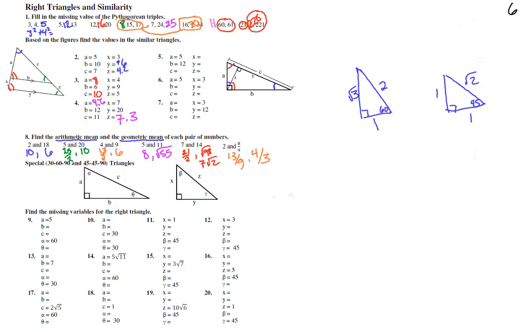So number 9, we have the triangle where alpha is 60. So if we do this guy right up here like that with a 60 there, and a is 5, that means b is 5 square roots of 3, right? So we times by the square root of 3, we get 5 square roots of 3, and c is 10.